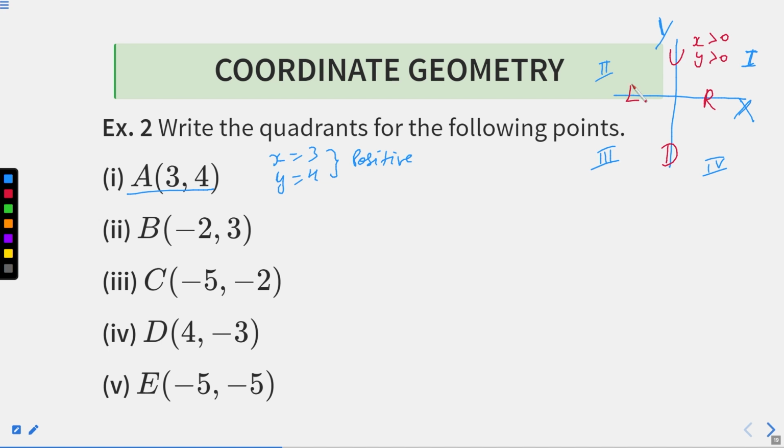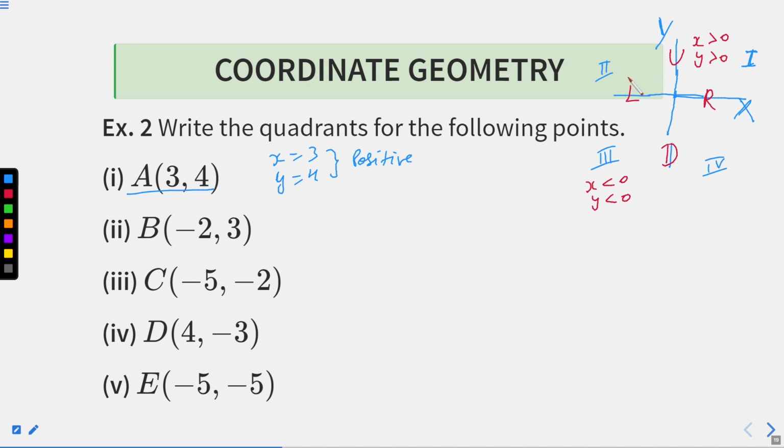Opposite to that, in the third quadrant, both are negative. Clear? We opposite the signs. Now, what about the second quadrant?